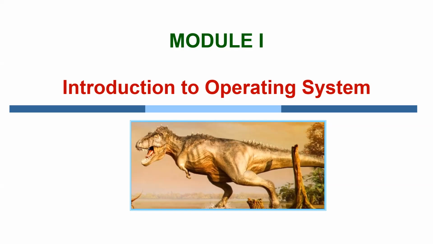That means the operating system is required by the computer for its operation. Now the question is why it is required. The operating system is sometimes known as the platform. Think of a railway station: if the platform were not there, how would the trains move? That platform is the operating system itself.